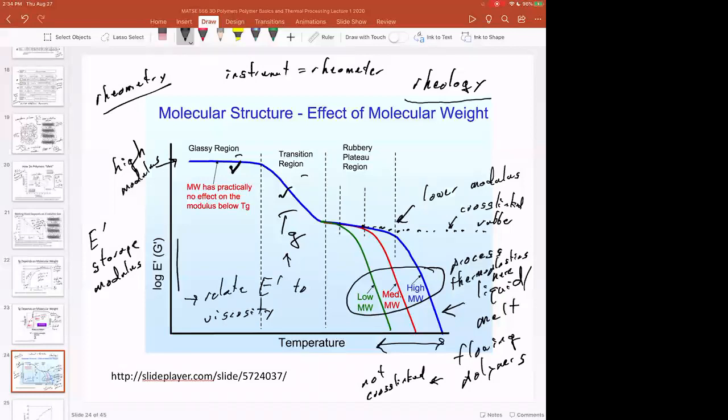So it turns out that a modulus of a liquid or a modulus of anything, this E prime, can be related to a viscosity, and we'll talk about that. But you really need to have very low modulus in order to have a low enough viscosity polymer that you can get it to stick together. So not only do you need to shove a thermoplastic through the orifice of a MakerBot, but the viscosity of that polymer needs to be low enough that it will fuse to the next layer.